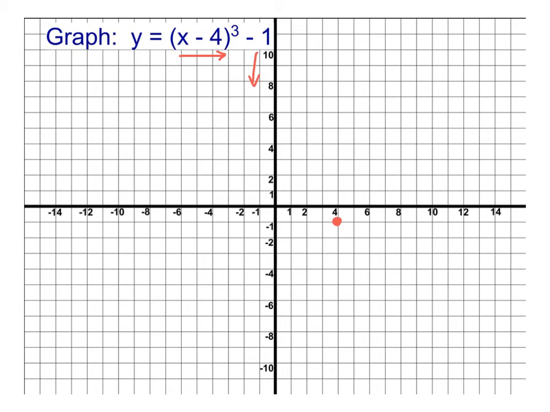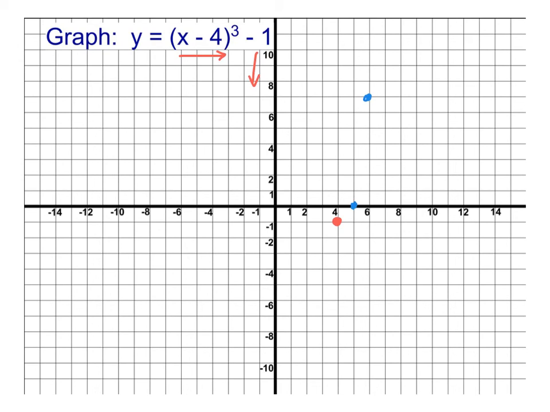Now that we know where we start, we make the same graph that we just made for our parent function, which means that I'm going to go over 1, up 1, and then I'm going to go over 2 and up 8. Now make sure that when you count that one out, the over 2, up 8, you're doing it from that original point, your starting point, not just the last point, but the first point that we plotted.